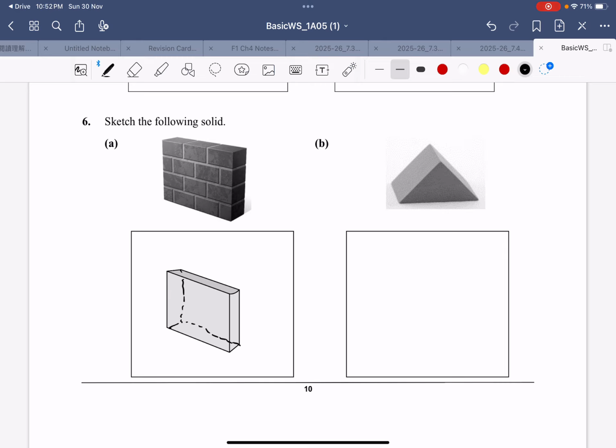And then this one, draw. Something like this, I think.